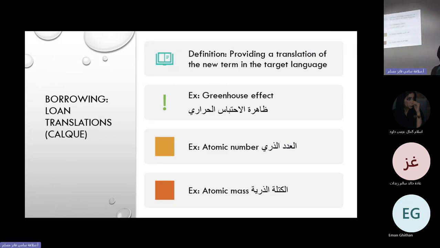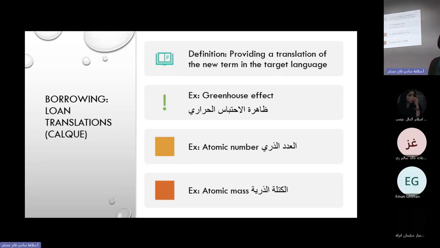Loan borrowing, the second type of borrowing, which is also called calque. Loan means to lend, like borrowing something, to loan someone money, to give him money and expect to take something back from him. Providing the translation of the new term in the target language.